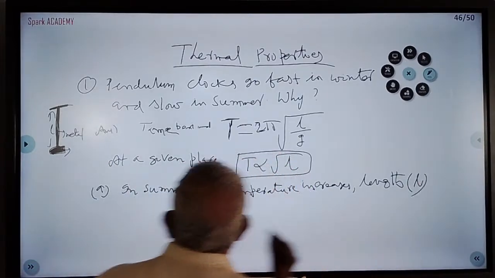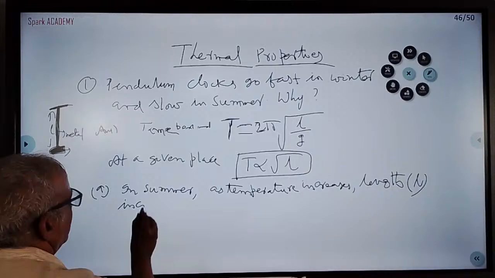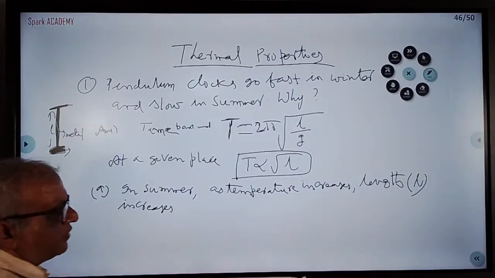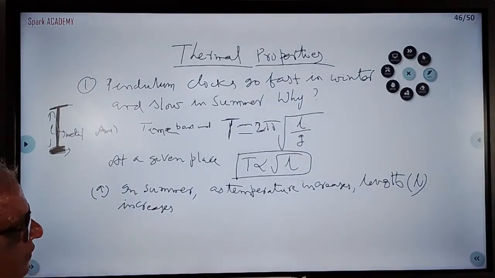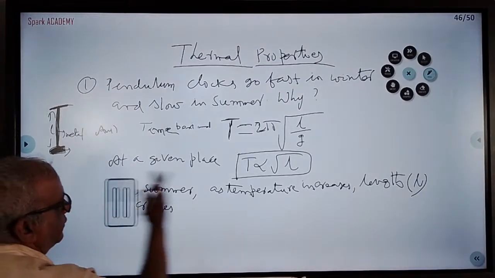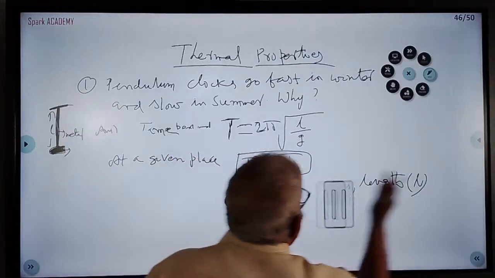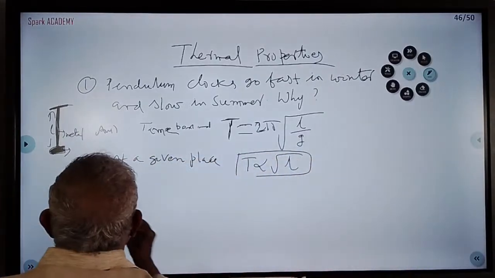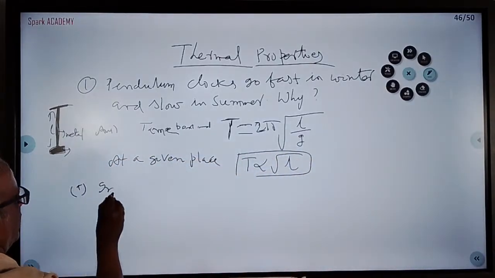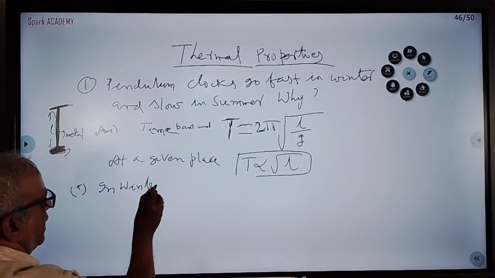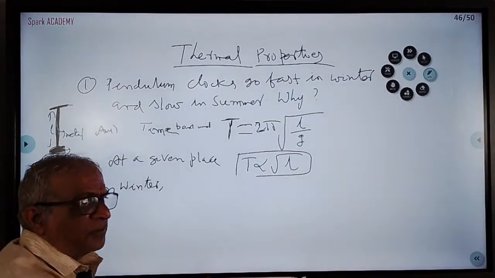Length of the pendulum L increases. In summer, as temperature increases, L increases. But first you have to explain winter, right? Okay, we'll rub this off. We'll write winter first. In winter, what will happen?